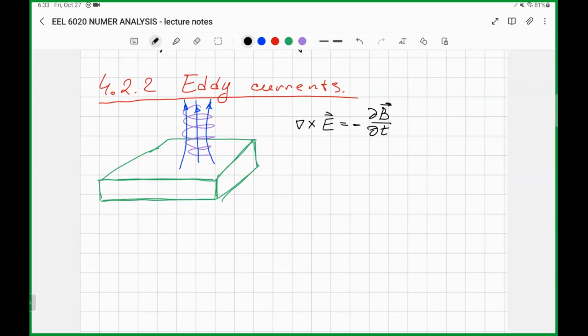So the change in time of the magnetic field creates the curl of electric field. And of course, because of the finite skin depth in the metal, it creates also the curl of electric field inside of the metal.